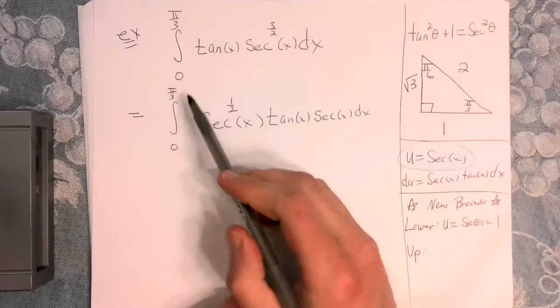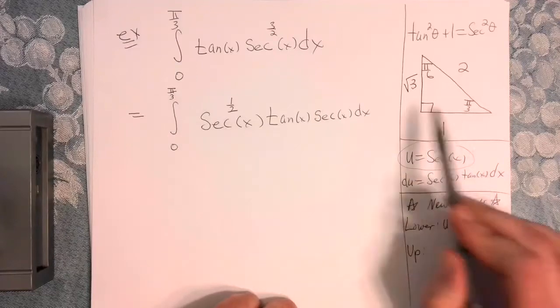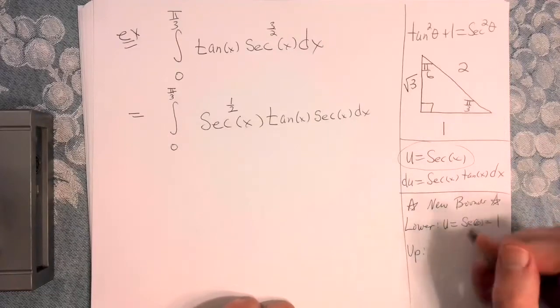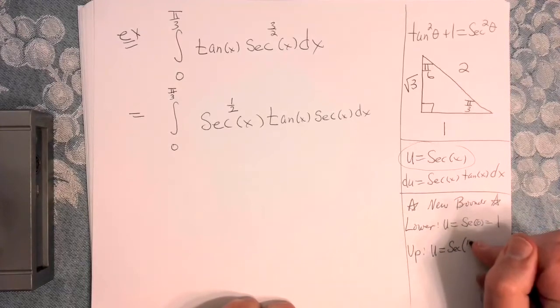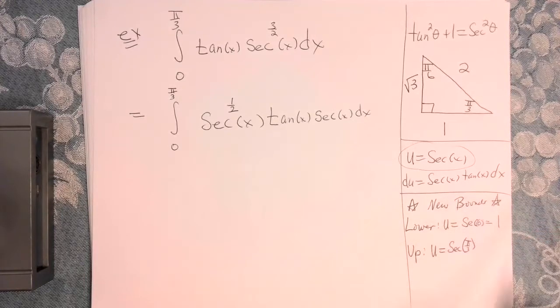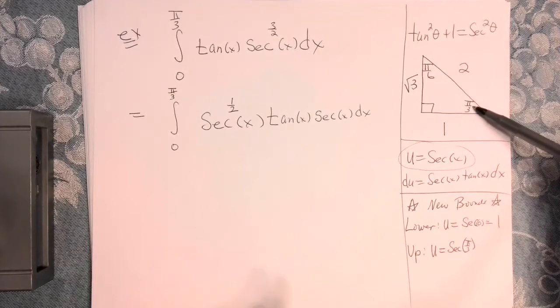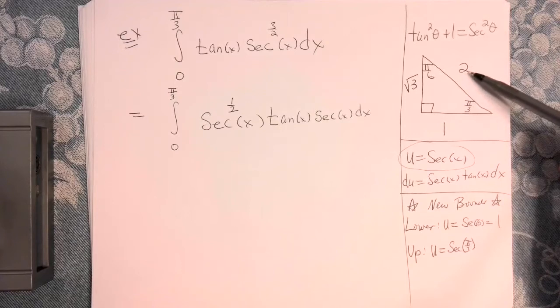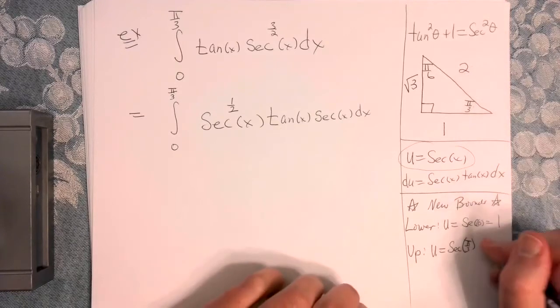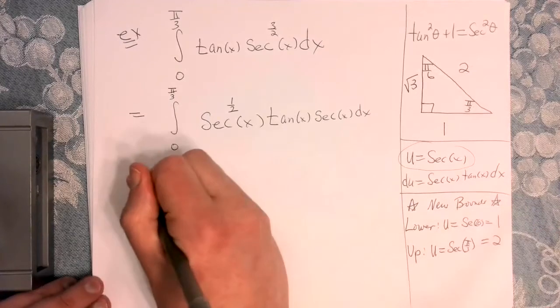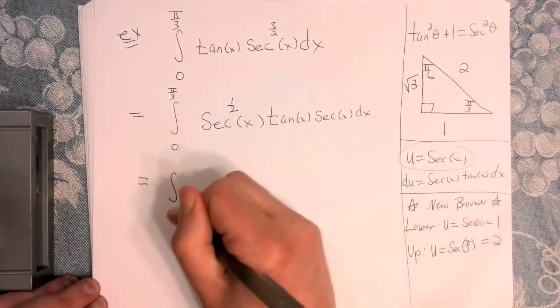For the upper bound, pi over 3 goes in for x here, and I use my triangle to help. So for my upper bound, this is secant of pi over 3, which means you could just take the cosine and flip it. If I took the cosine, it'd be 1/2. If I flip it, well, when I flip cosine, that's exactly what secant is. So that's 2. So it looks like I'm integrating from 1 to 2.